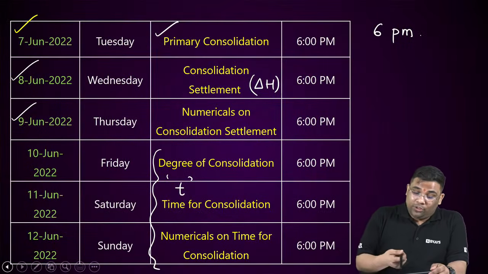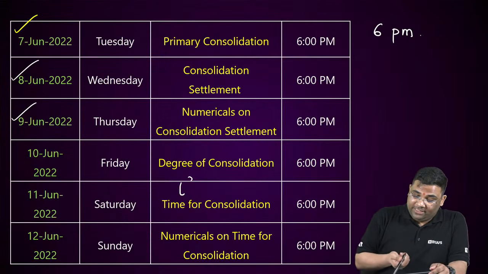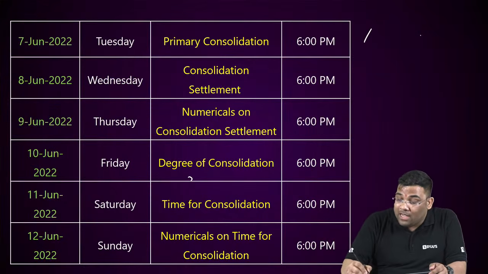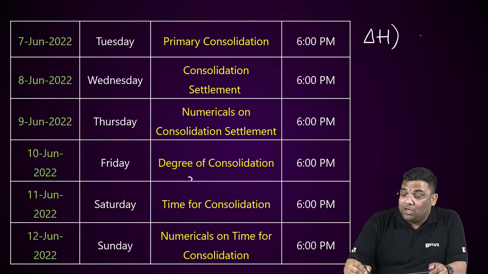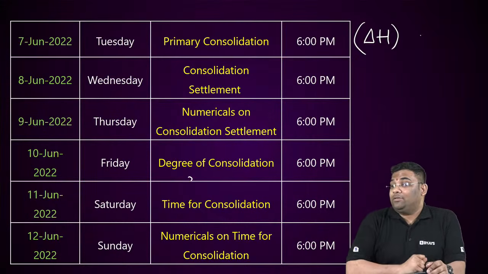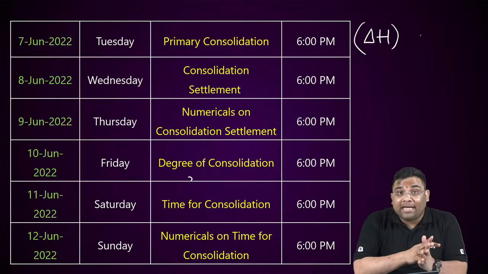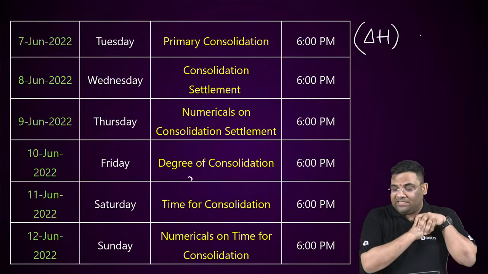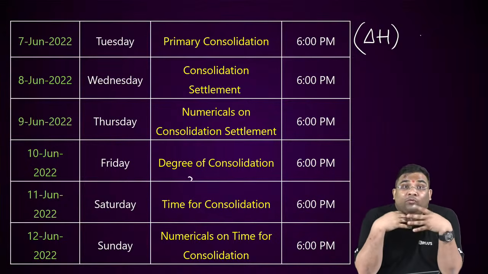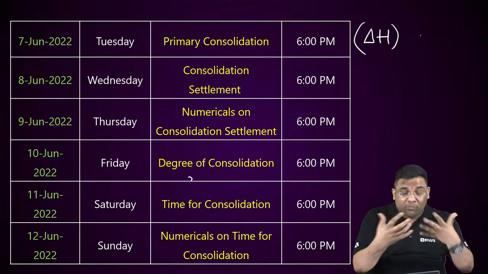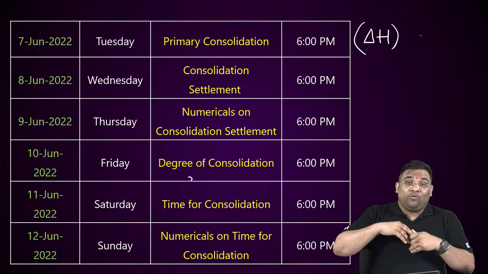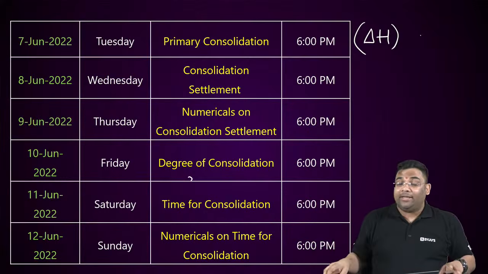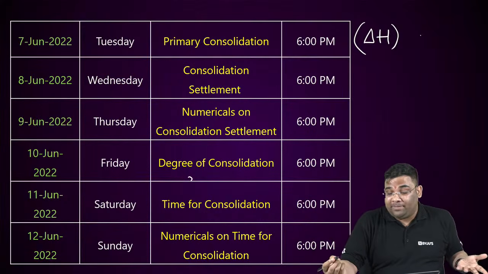Tomorrow we are going to see how to find the consolidation settlement, that means how to find delta H. A lot of questions are asked on delta H. We'll see the compressibility parameters like the coefficient of compressibility, the coefficient of volume compressibility, the compression index, the recompression index, and how to find the settlement using those compressibility parameters.